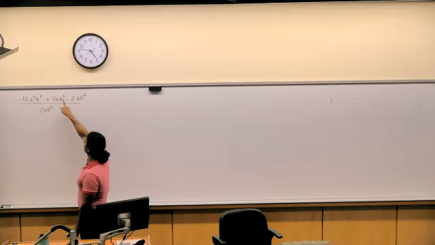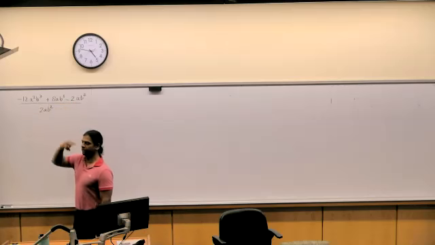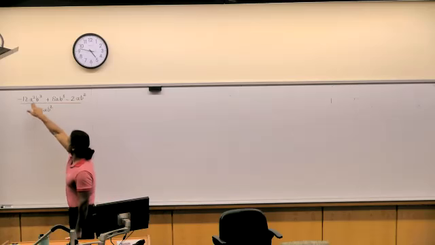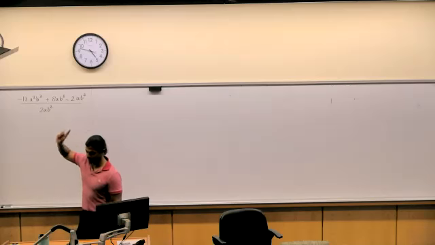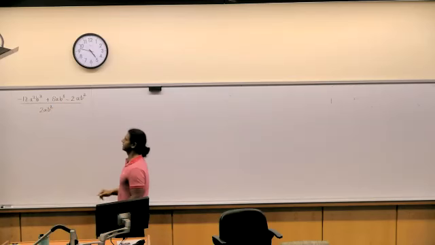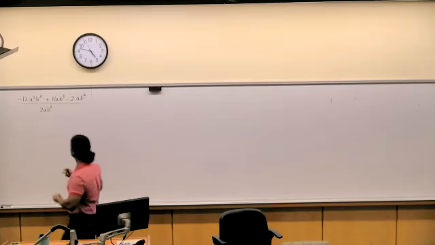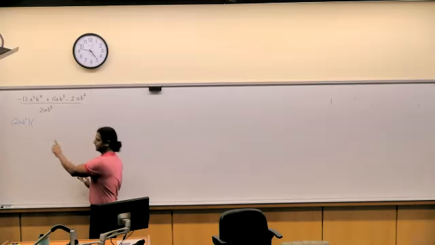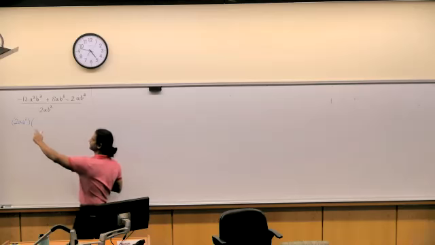I see a 2, 8, and 12, which means a common factor of 2. I see a squared, there is a common factor of a, b squared, b cubed, which means there is a b squared in common. So 2, a, b squared. That's the term that I'm going to pull out.